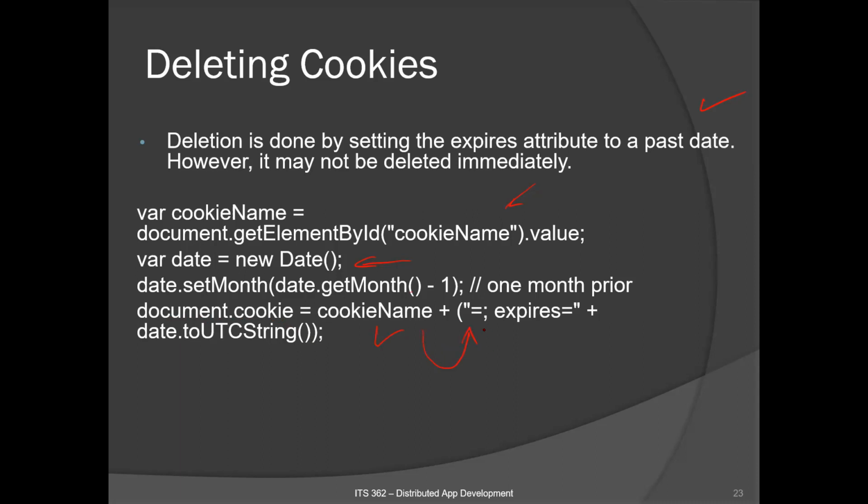And then right after the semicolon, we can plug in expires and then just put in this. And that's just the date that we just set to a month ago. And so that way, this crumb in the cookie will be associated with a date in the past, and therefore it would just be deleted. Are there any questions about that?